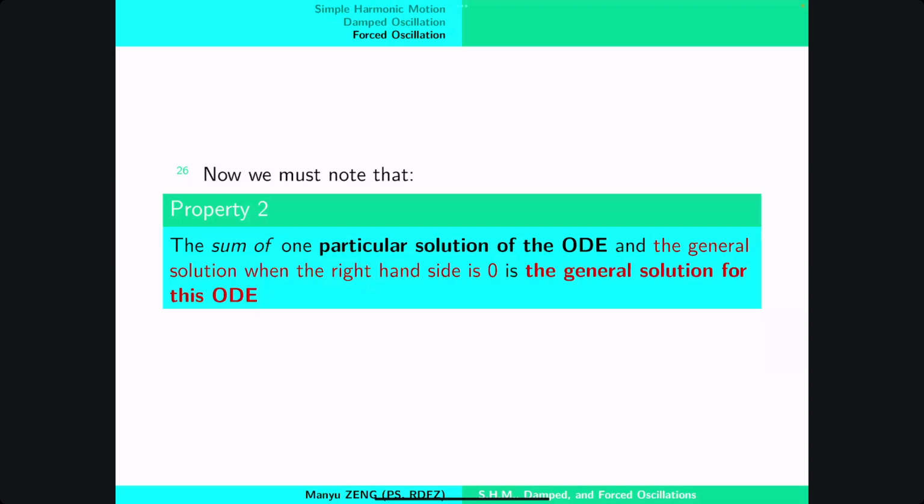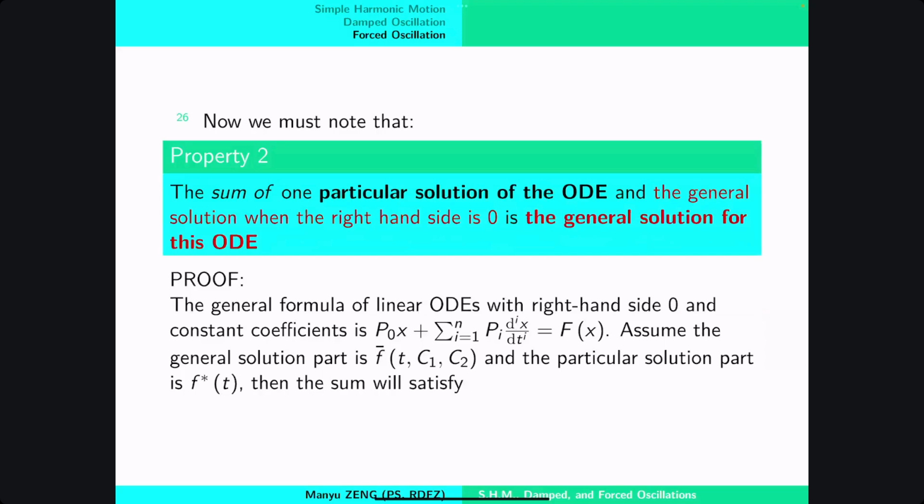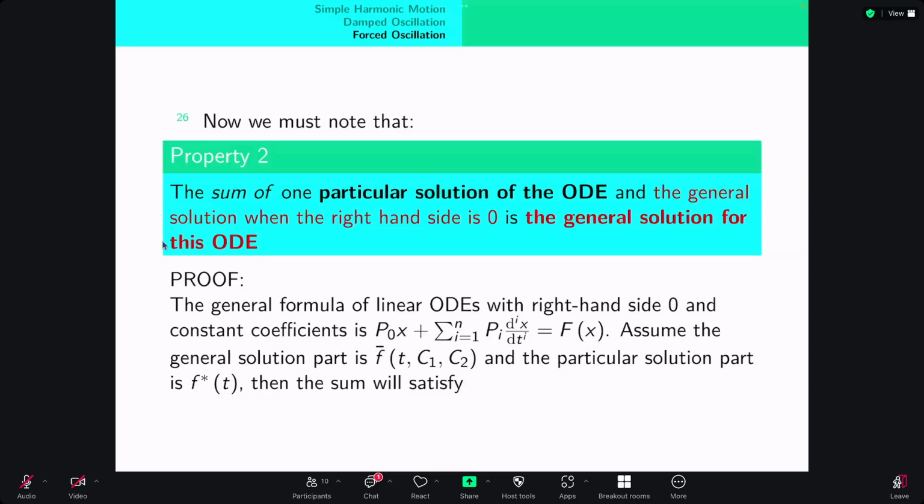The general solution when the right hand side is zero plus the particular solution is the general solution when the right hand side is non-zero. Here we give a proof. The general formula for a linear ODE has right-hand side f of x. Here I got something wrong, because the independent variable is t.